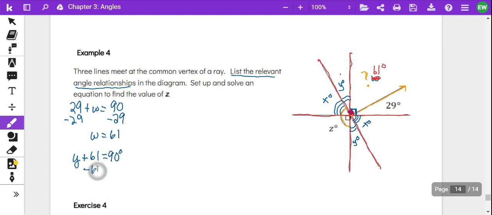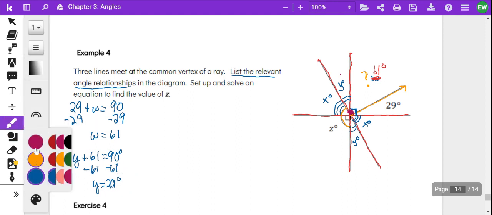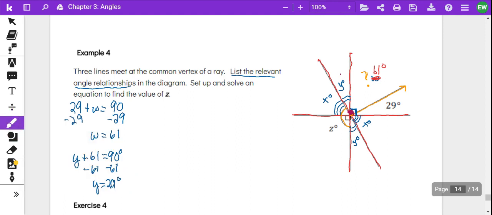Subtract 61 from both sides. We get Y equals 29. Which means I can label that on my diagram now. So Y is 29. Ooh, this is getting exciting.